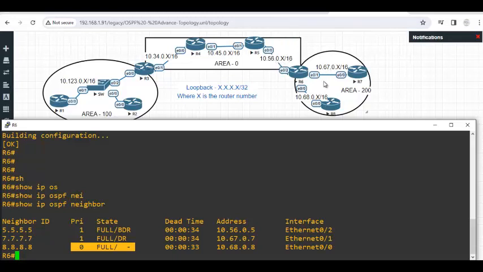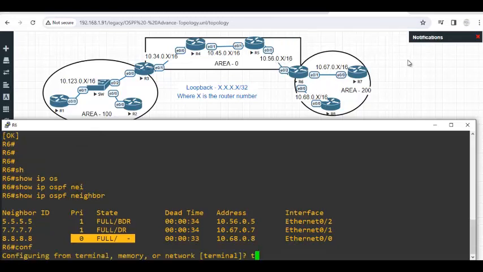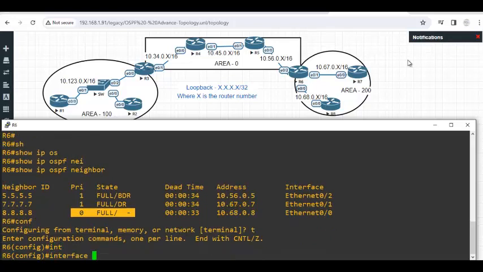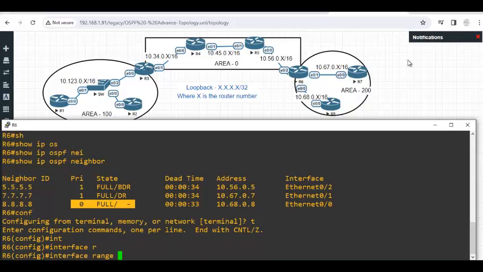It's good practice to make it point-to-point if you're sure that you don't connect to more than one router on the same LAN.